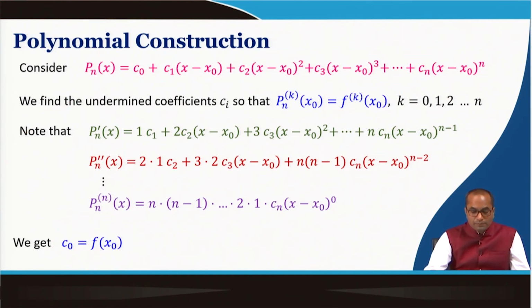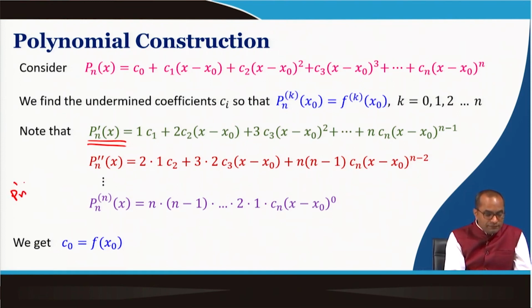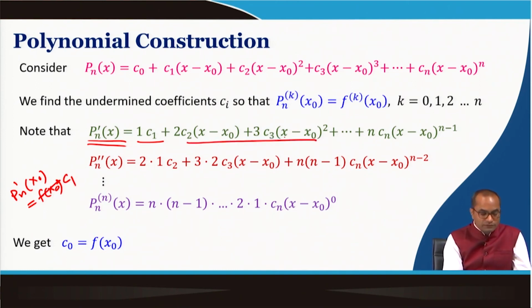Similarly, when we apply this to the first derivative, p n first derivative at x naught, in the first derivative we have here the c1, not c naught, and all other terms will become 0, so we are directly getting c1.